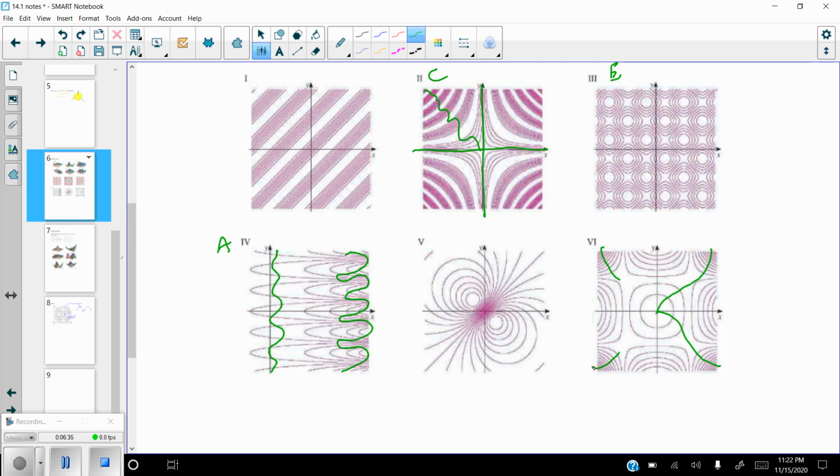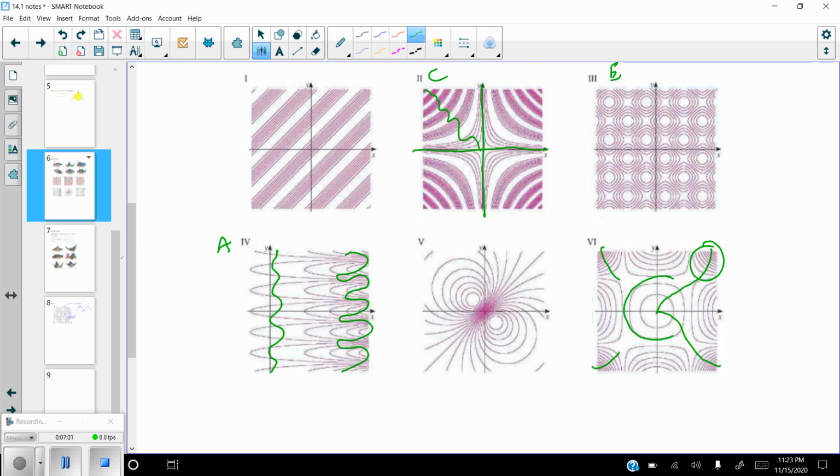Well, the basic idea here is the closer the lines are together, the steeper it gets, the faster. The more spread apart they are, the more gradual the change is. Now, I can't tell by looking at number 6 here that these are going up and down, but what I can tell is that the change is very quick within this region.